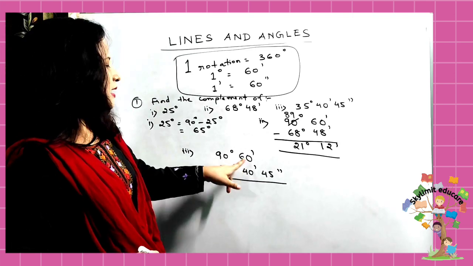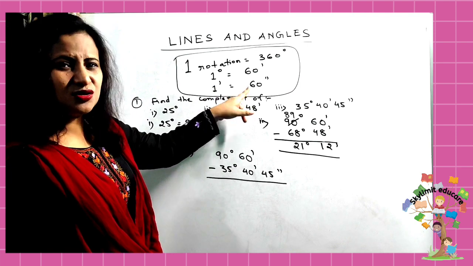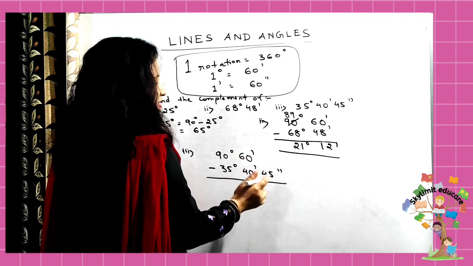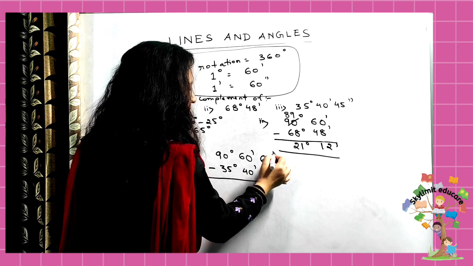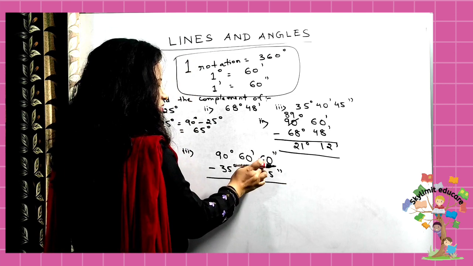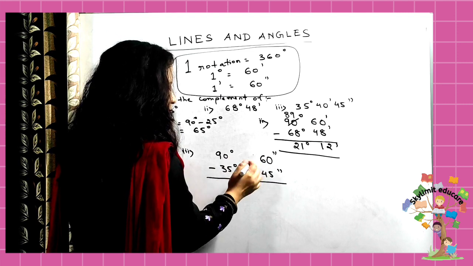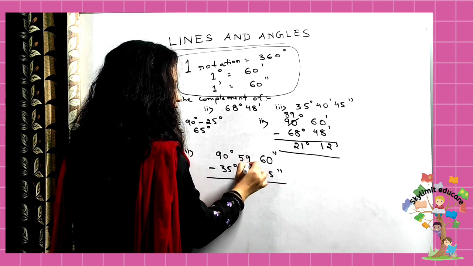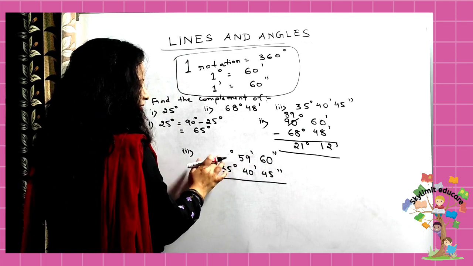Now from 60 minutes also I will borrow 1 minute. 1 minute is 60 seconds, you know. So when I borrow 1 minute here, it becomes 60 seconds. How many minutes remained here? 59, right? And how many degrees remained here? 89.